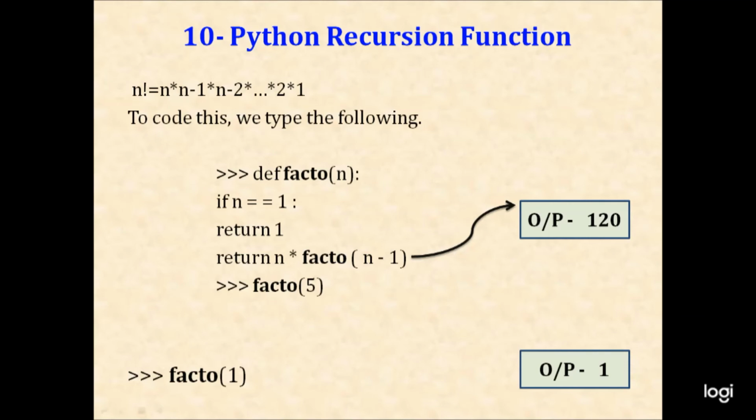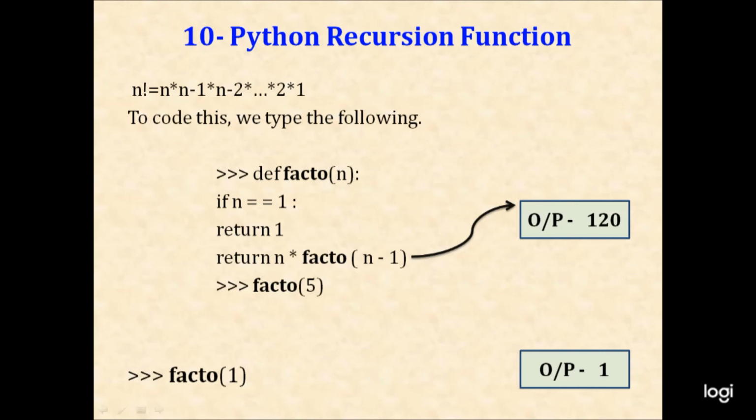Here I created a function factor, and a condition is given: if n, which is an argument, if n double equals 1, meaning the value of n is 1, then return the output or result 1.